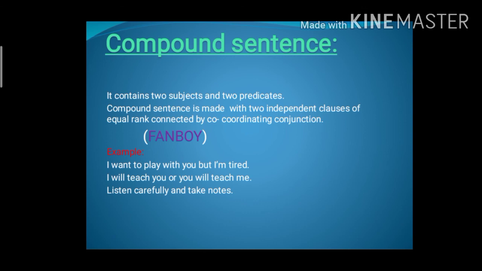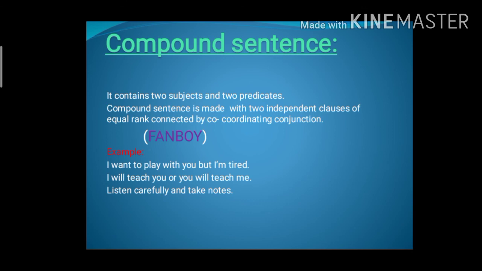Here we have used two clauses of equal rank, and they are joined by a coordinating conjunction, "or", and there is a link between them. In the third sentence, listen carefully and take notes. Here both the clauses have been joined by a coordinating conjunction, "and", and there is a link between them.